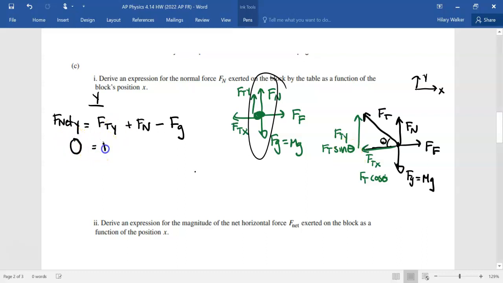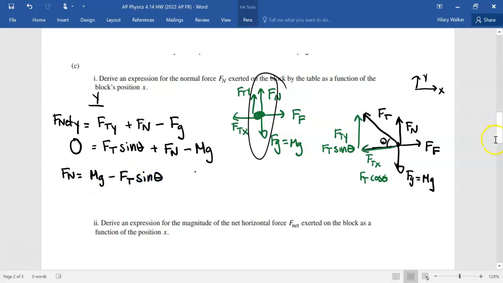Fty, again, we just wrote that, is going to be Ft sine of theta. Our goal is to find Fn, and Fg is just equal to mg. Okay, so we can go ahead and solve this for Fn. So I'm just going to say Fn equals, what is this going to be, mg minus Ft sine theta once I do a little manipulation.